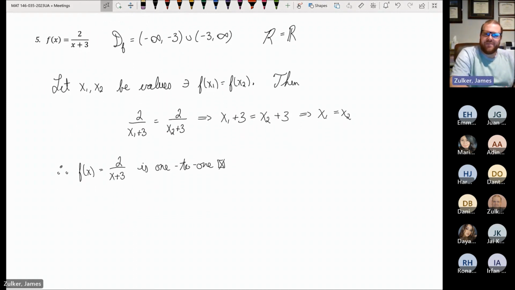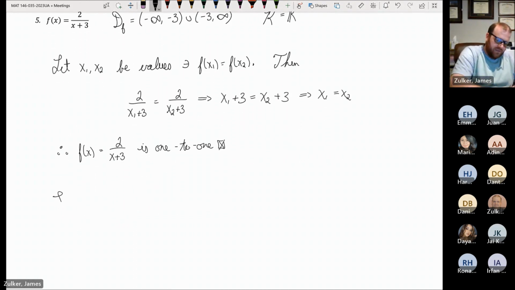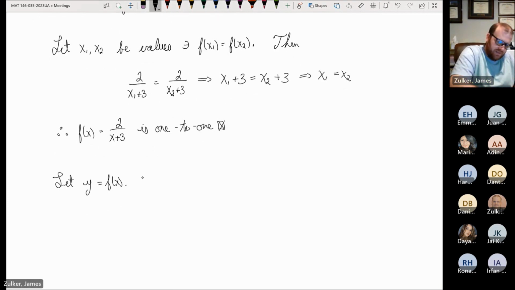Now to find its inverse. So we let y equal f of x. That would mean that 2 over x plus 3 has to equal y.